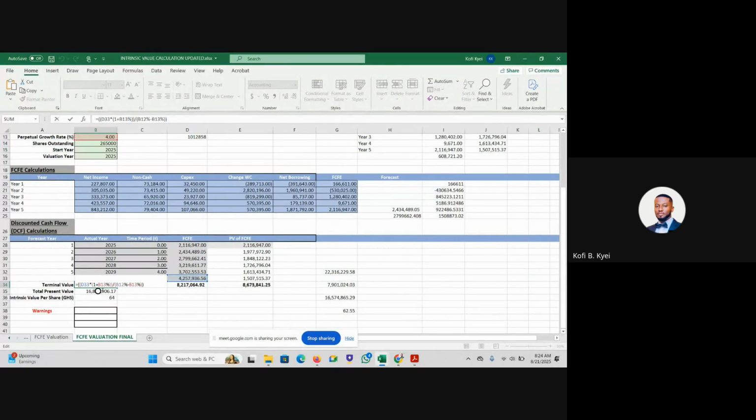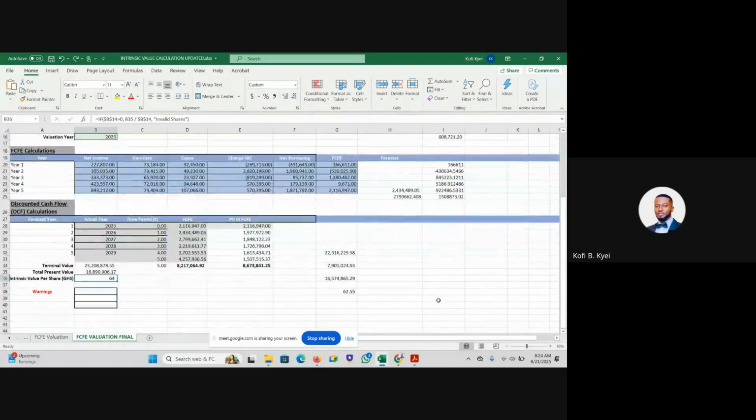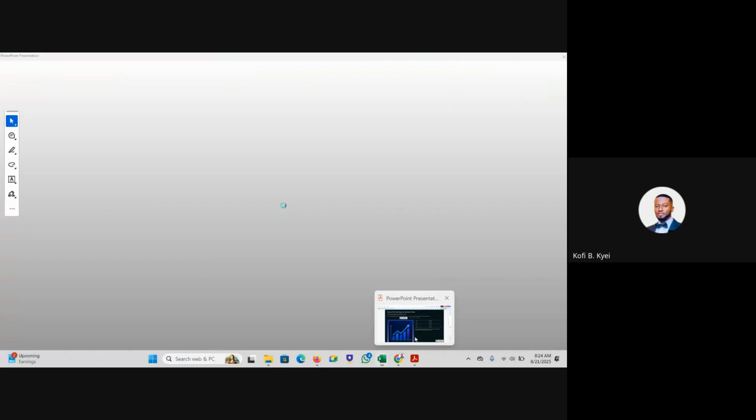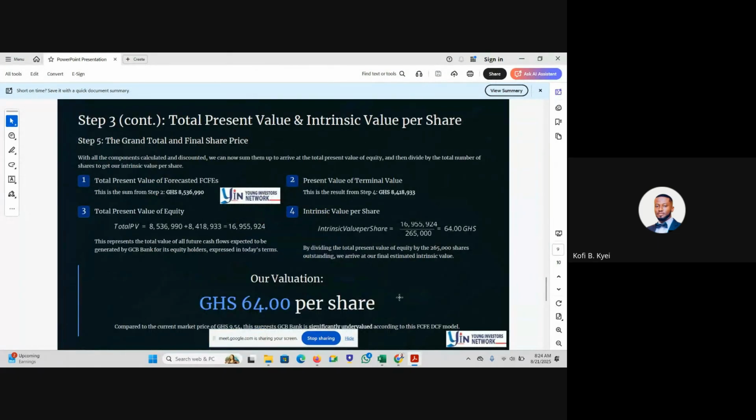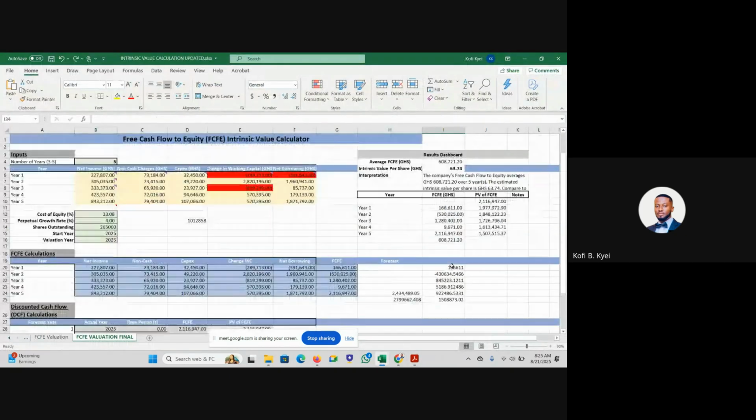You put those figures into the formula, and as you can see, it comes to 23 million. Then you bring it to the present value, the future free cash flow, divided by the number of shares. You come to the 64 cedis, as you can see, the same as we got in the slides earlier. Okay, 64 cedis, as you can see here in the slide. So all this side is a summary of everything.